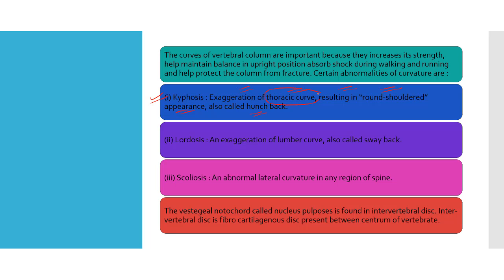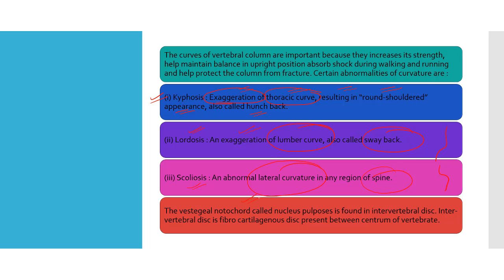Lordosis is the exaggeration of lumbar curve, prominency of lumbar curve, also known as sway back. Scoliosis is abnormal lateral curvature in any region of spine. So it is like this lateral curvature. Kyphosis is exaggeration of thoracic curvature, lordosis is exaggeration of lumbar curvature, and scoliosis is lateral curvature.